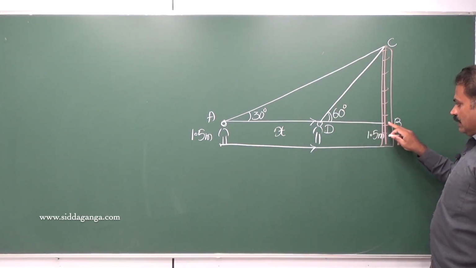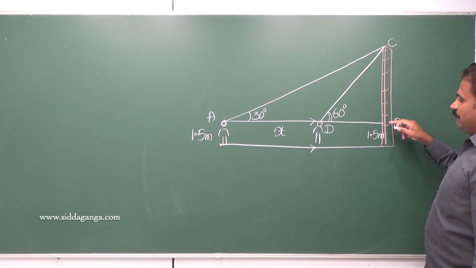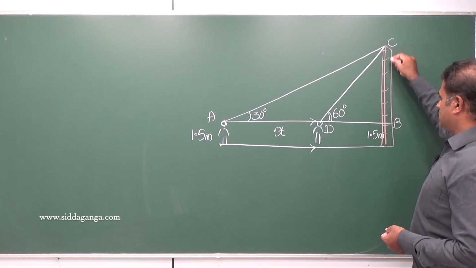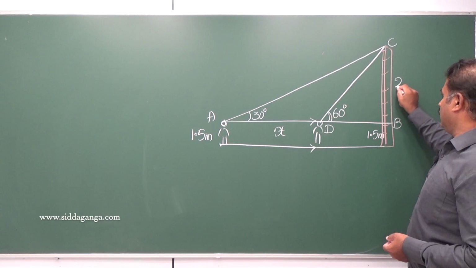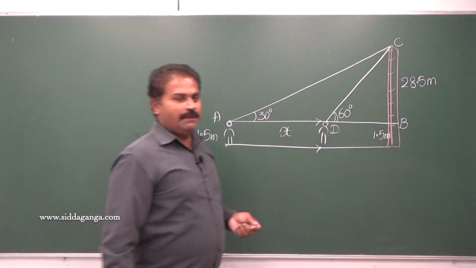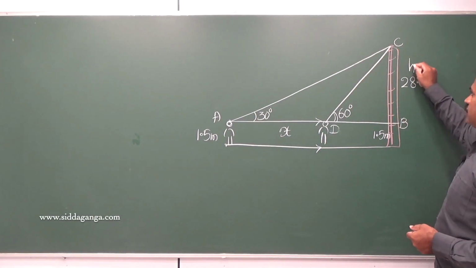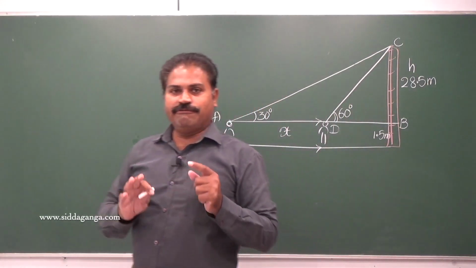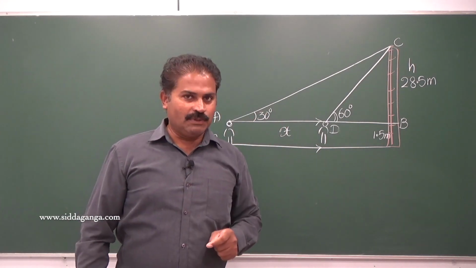This is his horizontal level, this is 1.5 meters, and above that the building is 30 meters tall, and the height above this, the BC, is 30 minus 1.5, that is 28.5 meters. We will keep the height 28.5 meters as H, and we'll continue the problem till the end, and only in the final step we'll add 1.5. So that will reduce a great amount of time.